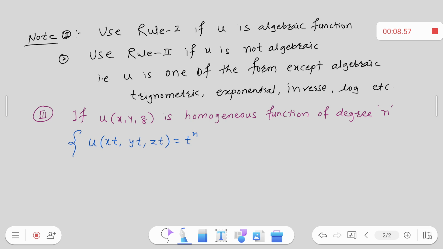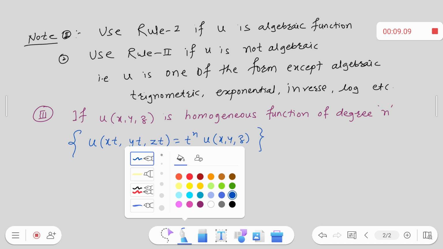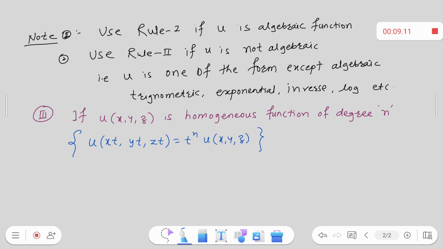If we get some power of t into the function u itself, then n is the degree of u.